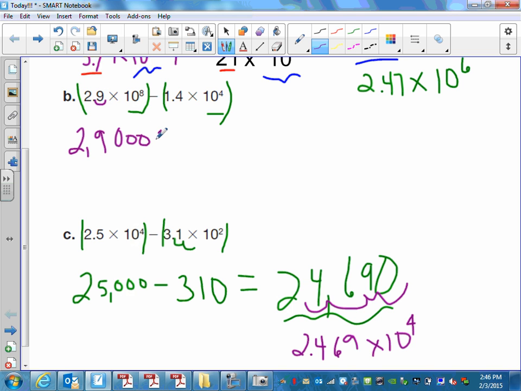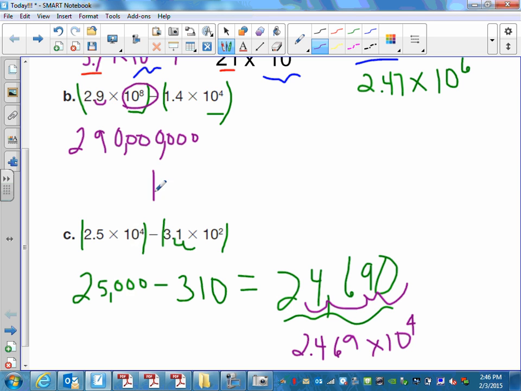Let's see. 3, 4, 5, 6, 7. So 290 million. And I want to write that as a base 4 if I'm just going to be subtracting. If it was already a 4 there, I could just do 2.9 minus 1.4, but I can't.